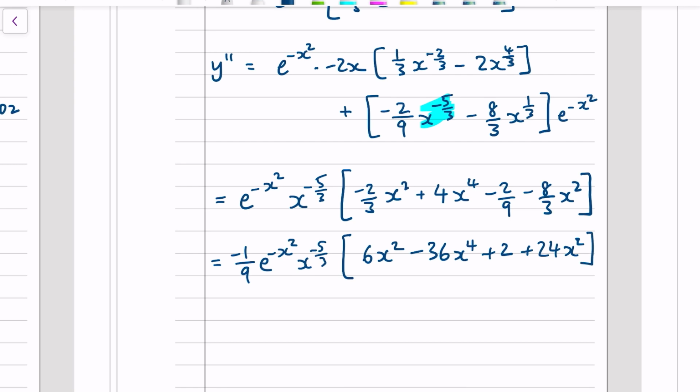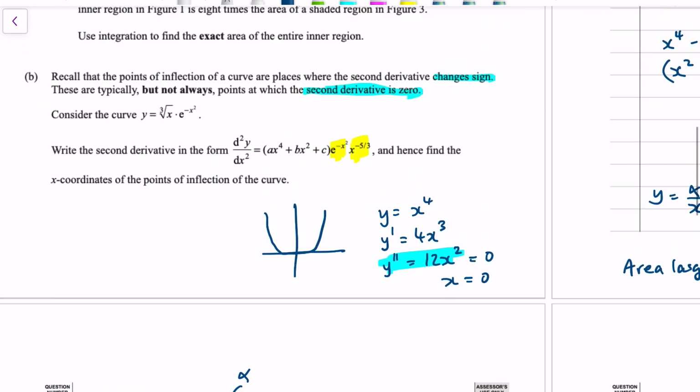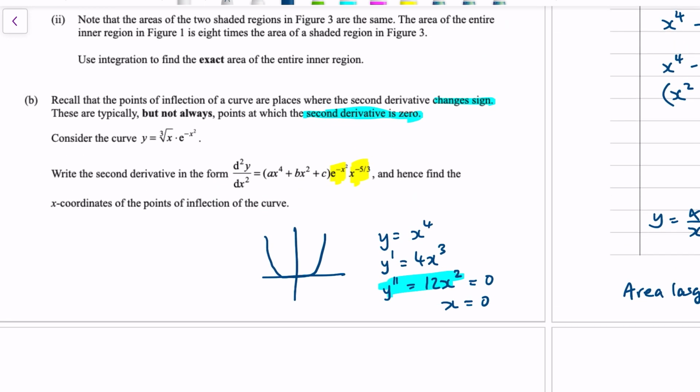And I've got some like terms there. And I think this is the format that the question asks for it to be factored in. It doesn't tell us that A, B, and C in that quartic needs to be a whole number or anything, but it turns out it does if I factor out that minus 1/9.